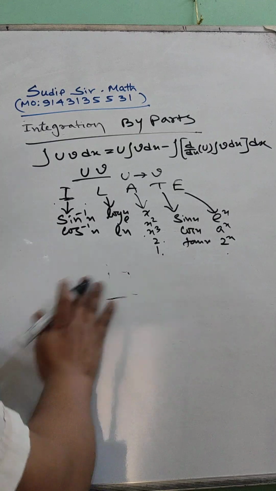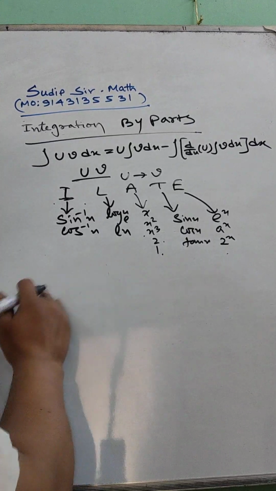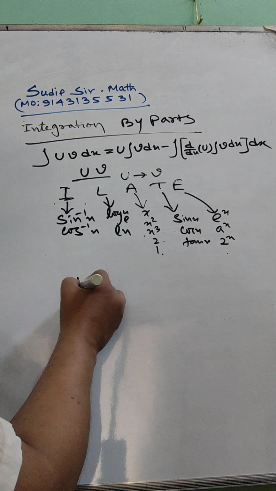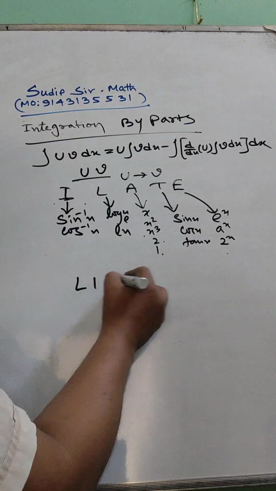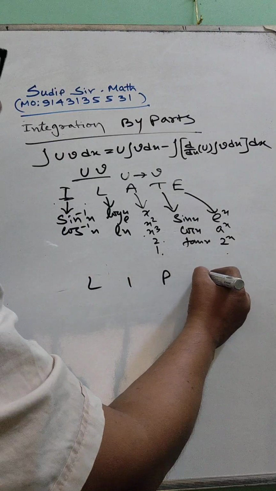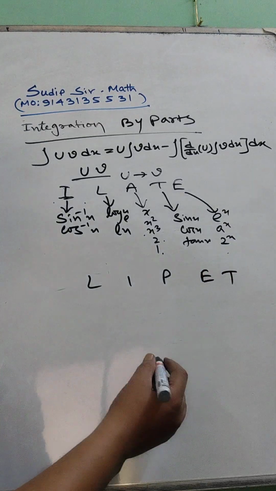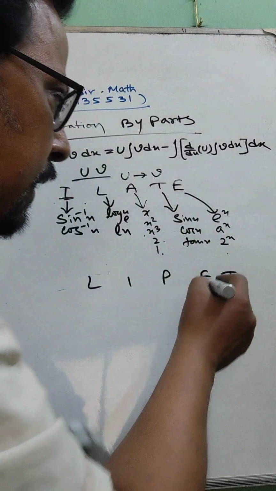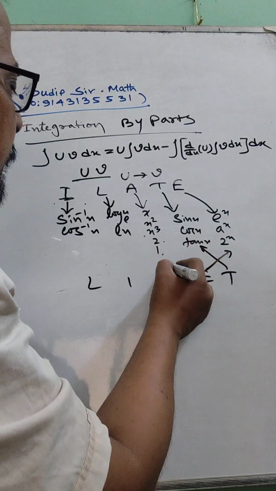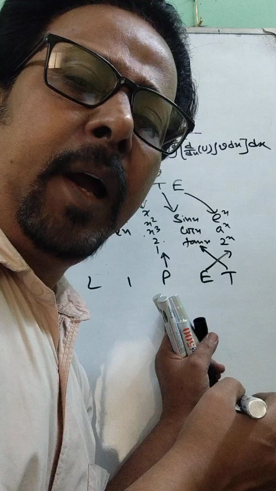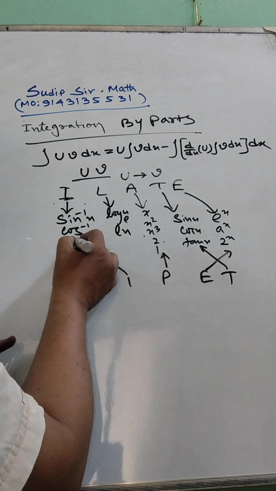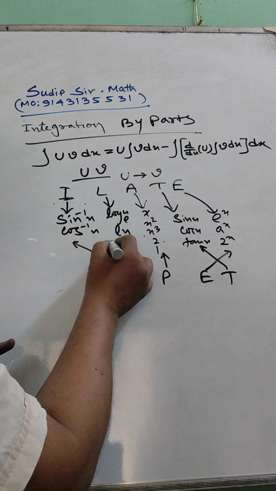Now someone can use LIATE also, it is the same thing. T for trigonometric, E for exponential, P for polynomial, I for inverse, L for logarithm.